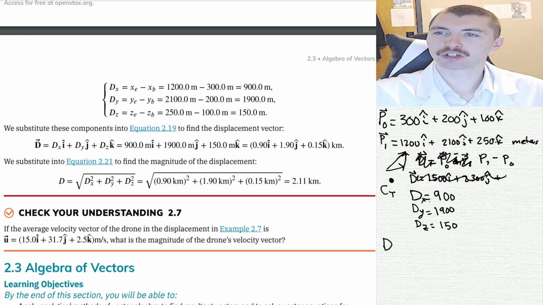So what's going on here? These are the magnitudes of the components. Now we're finding the magnitude of this.